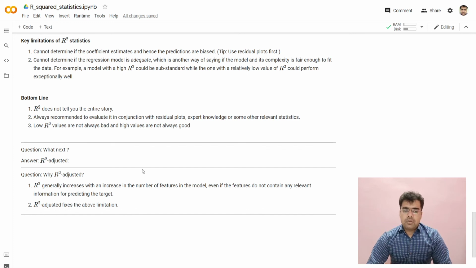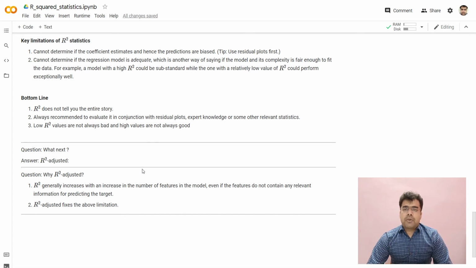So R square gives you more information compared to mean absolute error or root mean squared error, but it is not giving you the entire story. In case you wish to have a look at the entire story, you will probably have to use it in conjunction with residual plots or some other statistical metrics. We will be talking about those metrics very shortly, but as of now, please understand that R squared is going to give you a lot of information, but it is not giving you the complete information.